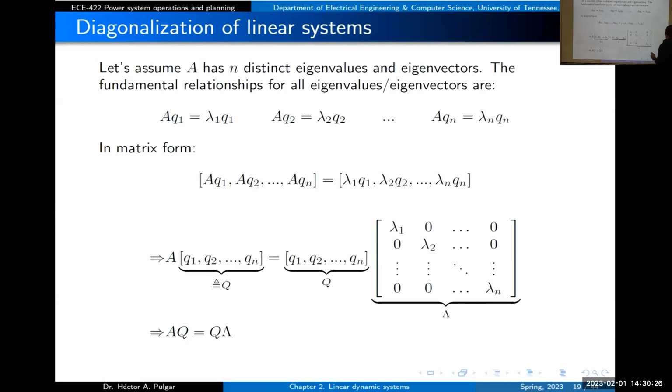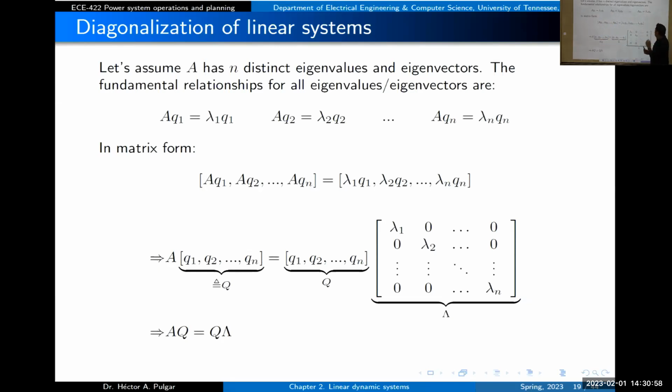So now that we have reviewed how to determine the eigenvalues and eigenvectors, what we can do is put all the singularity equations together. You have one equation for the first pair, lambda 1, q1, and the second, all the way to the last one. We have a system with n state variables, so each one of them needs to be satisfied.